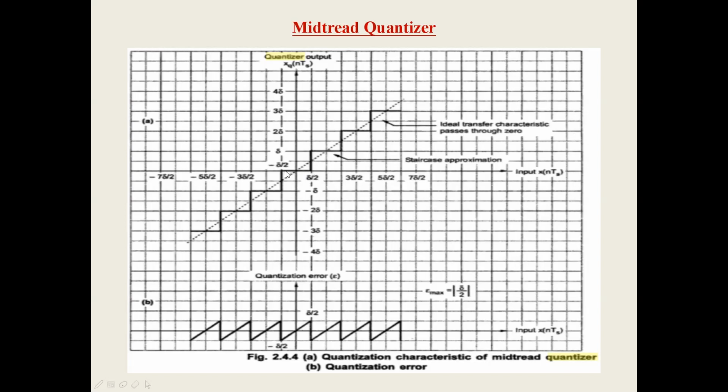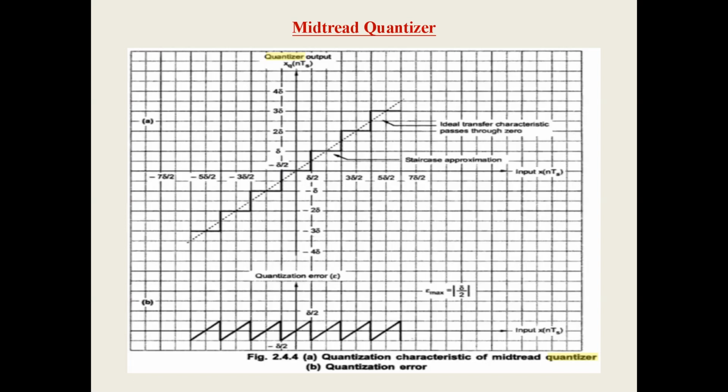Next, observe below minus delta by 2. When the input is below minus delta by 2, here also the output is 0, and just at minus delta by 2, its value is minus delta. So you can compare the output based on the input, that is, compare the x-axis values, which are input values, with the y-axis.